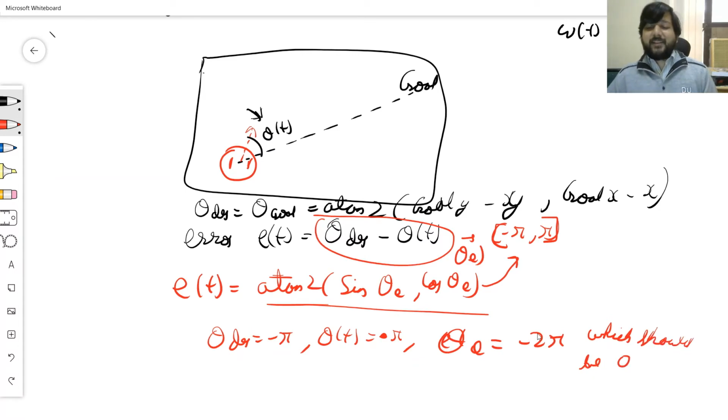So don't move by a very large speed, negative, because this is actually zero. This is what ensures that the ranges are taken care of.